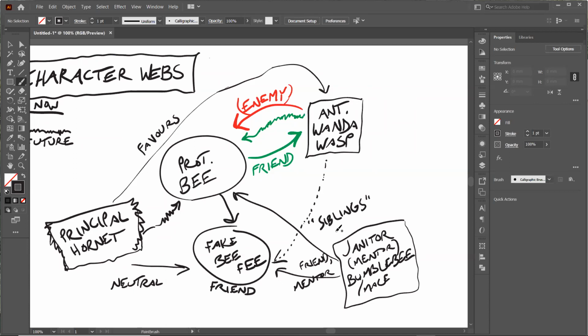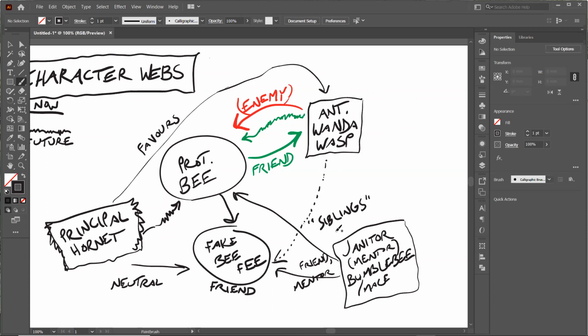So there could be also a young male character, like maybe, I think they are called drones, the male bees. A drone that is trying to be like a female bee because he wants to get into the honey business.